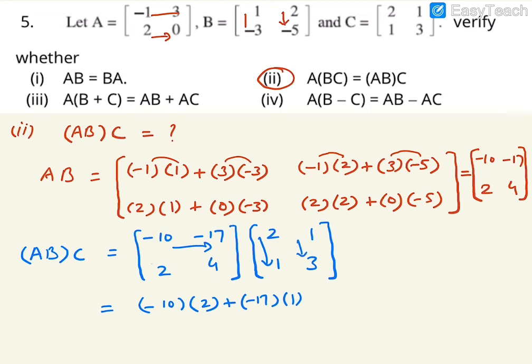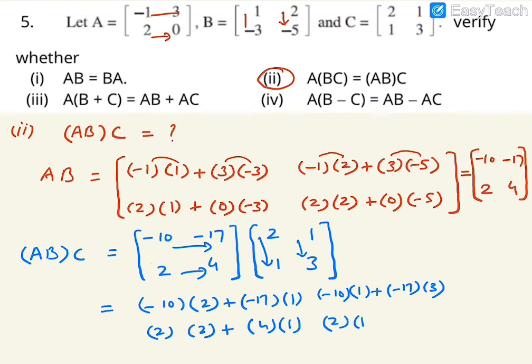Similarly, the same row with the second column, minus 10 into 1 plus minus 17 into 3. Similarly, this row will multiply with 2 into 2 plus 4 into 1 and 2 into 1 plus 4 into 3. So what we will get?